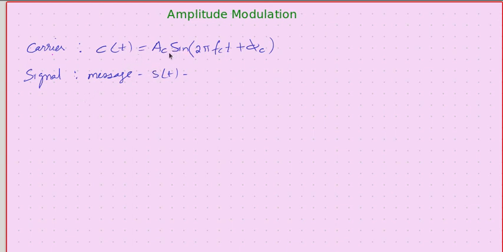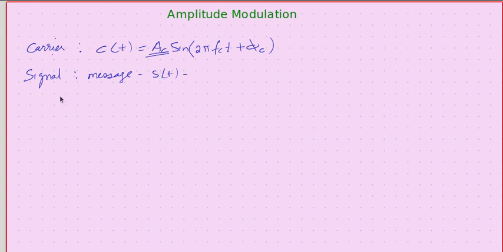Here, the carrier is a sinusoidal of some frequency fc, with some phase, I'm sorry, phi c, and this should represent our message signal.